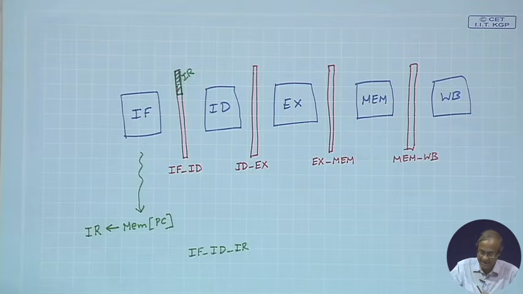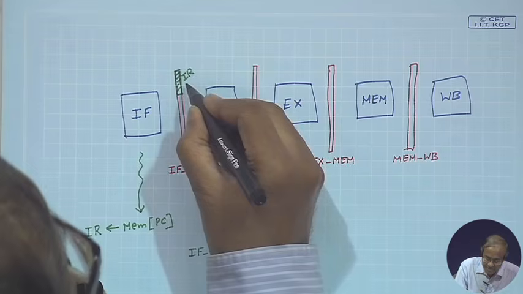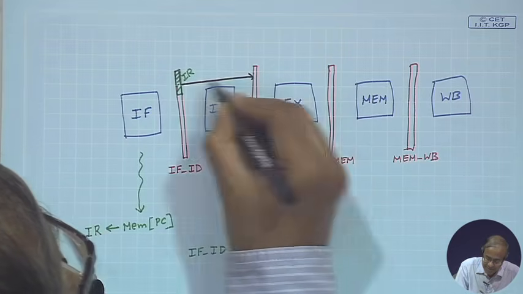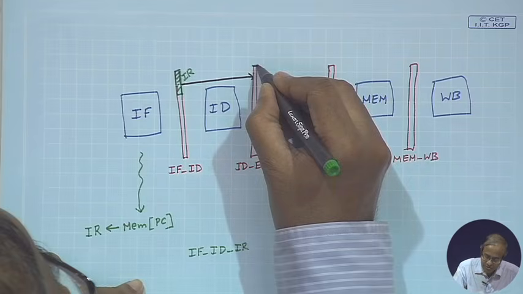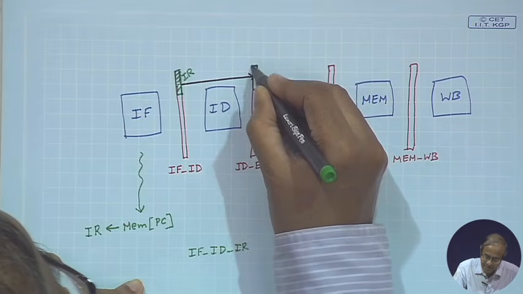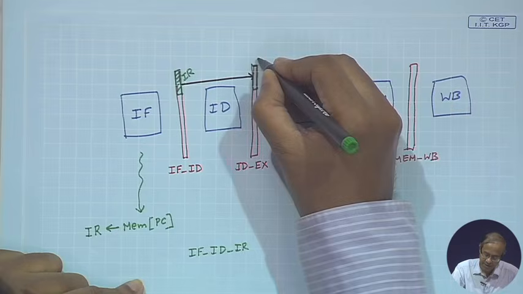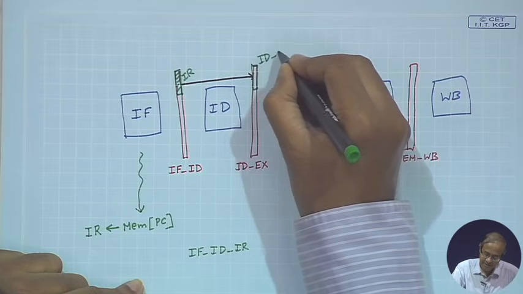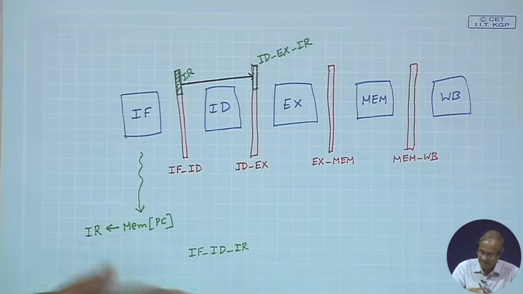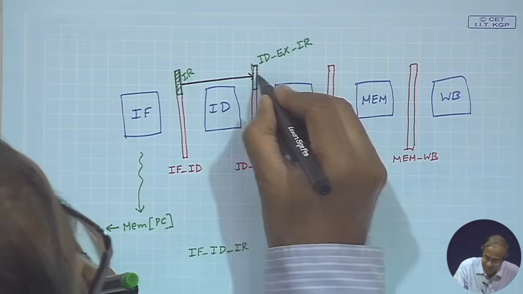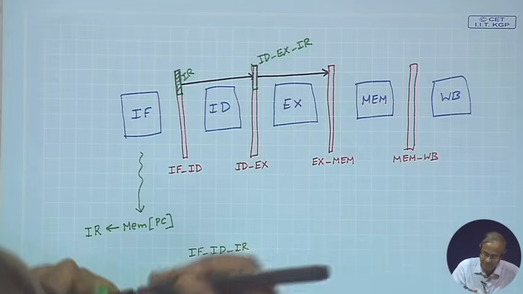And in case this register is also forwarded here, let us say maybe this IR will be required later also. So, here also there will be an IR, and this IR we will be calling ID underscore EX underscore IR, and this same IR we will also be forwarding here.